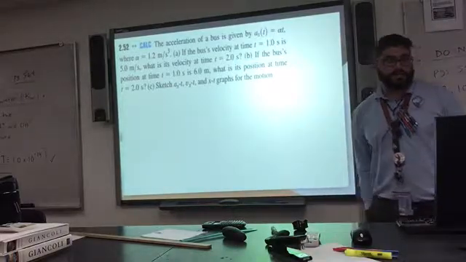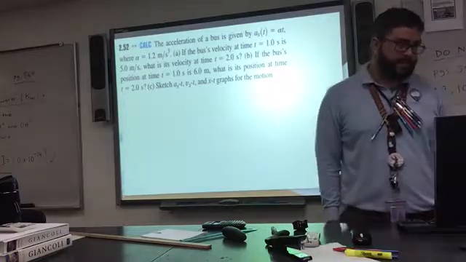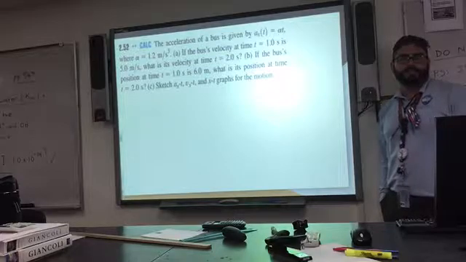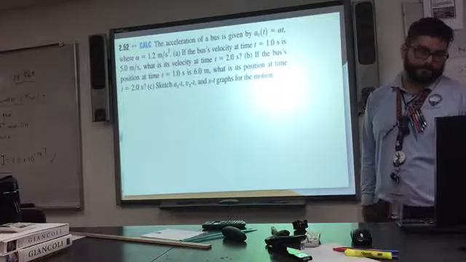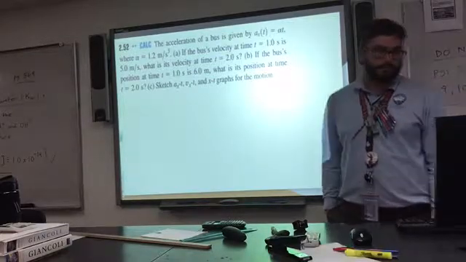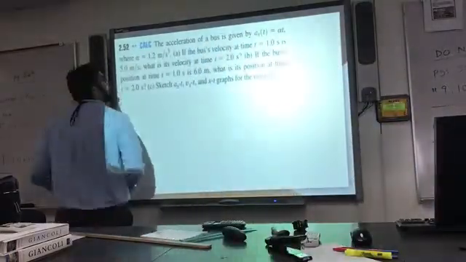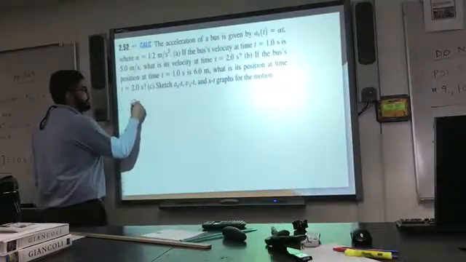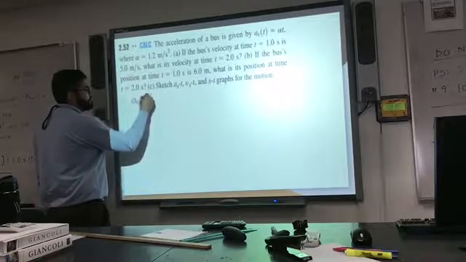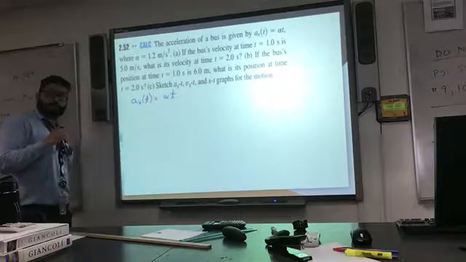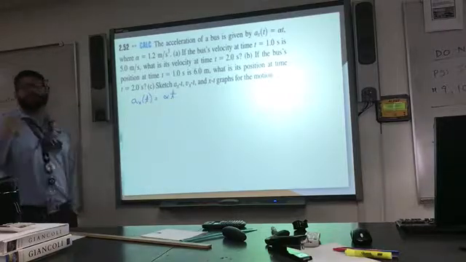If the bus's velocity at time t equals 1 second is 5 meters per second, what is its velocity at time t equals 2 seconds? You can integrate in t to get 1/2 alpha t squared. Okay, so how do I go from a to b?